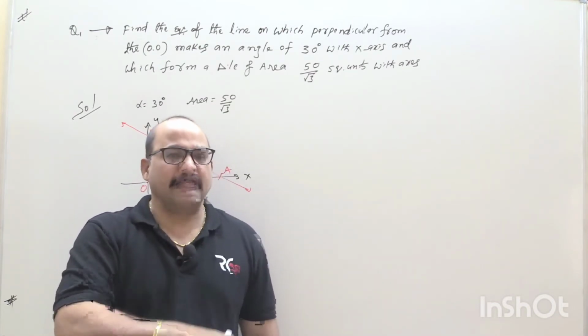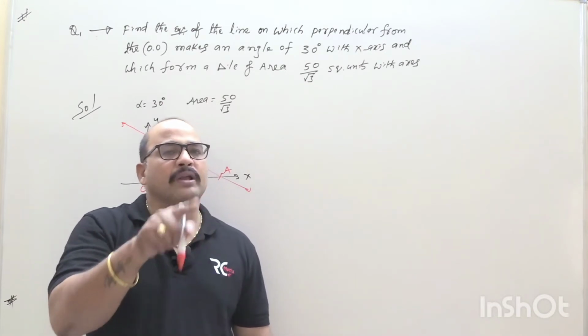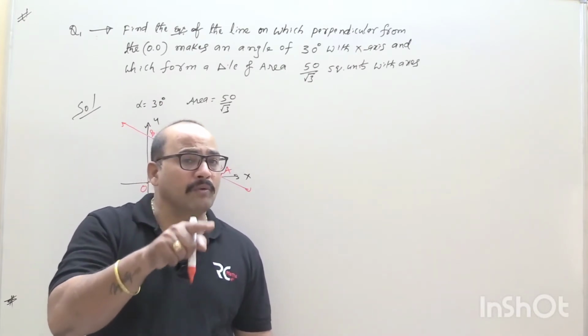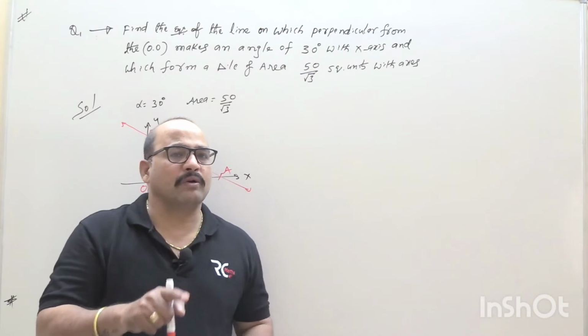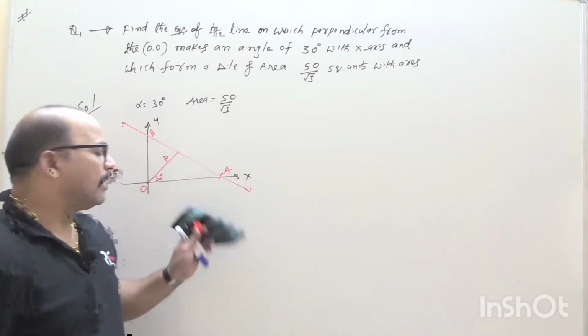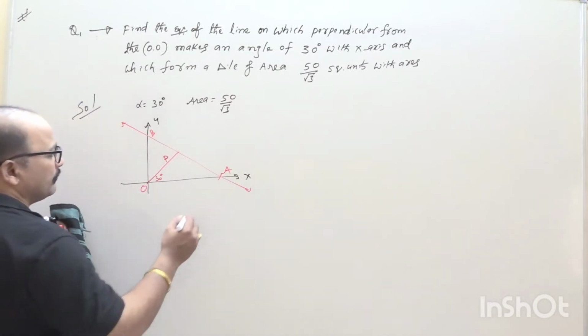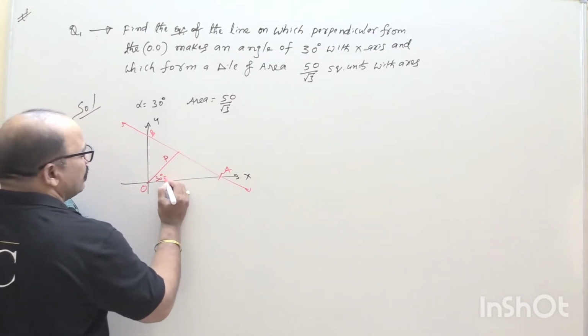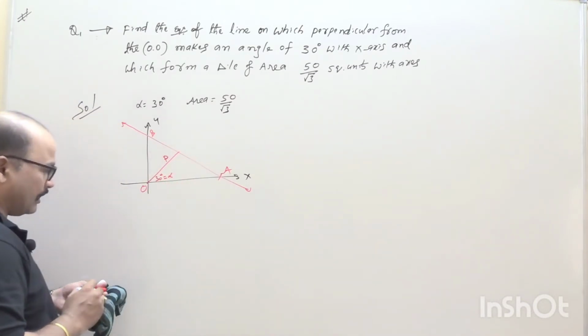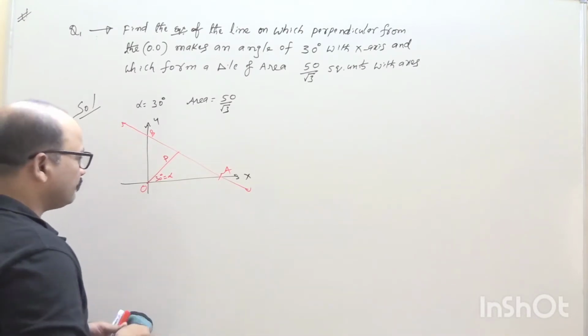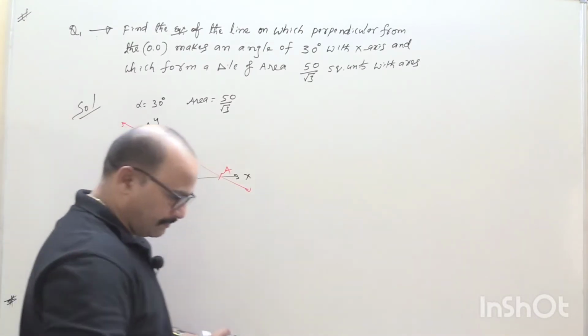Alpha is already existing, students, so we are looking only for P. How to do that? So simple. Alpha value is 30 degrees.